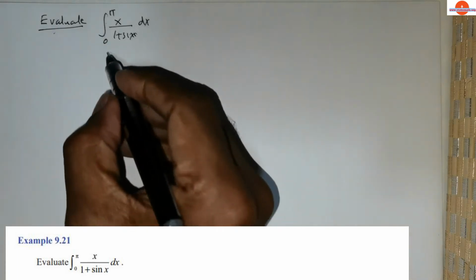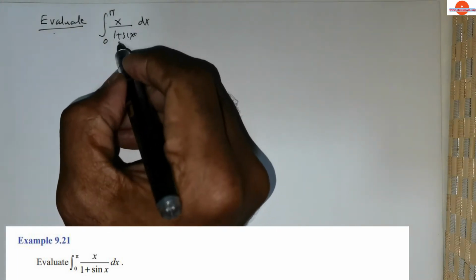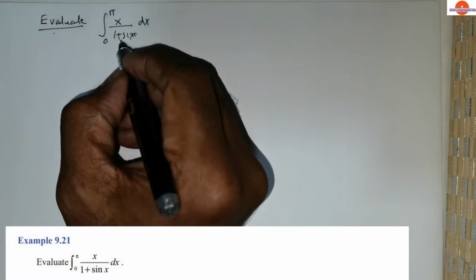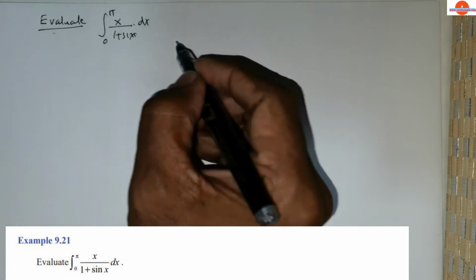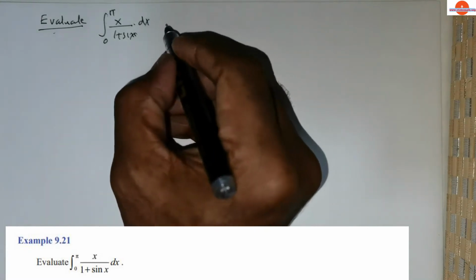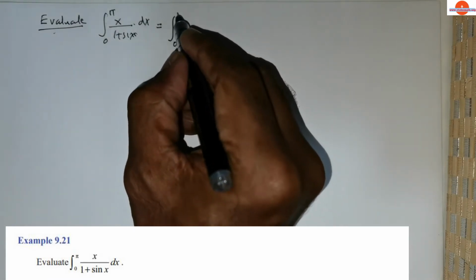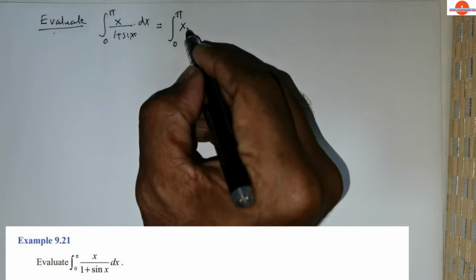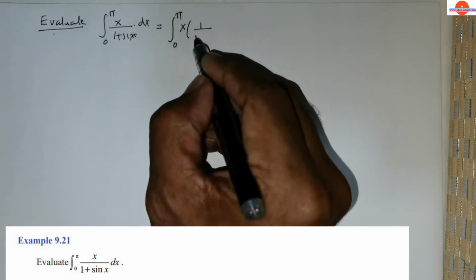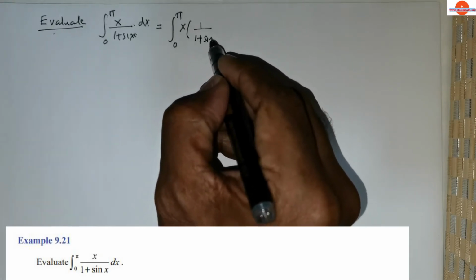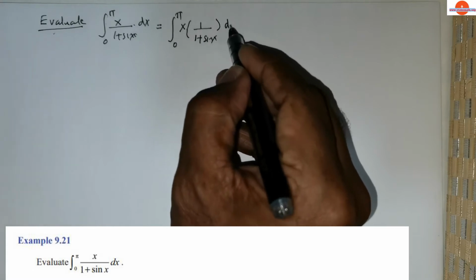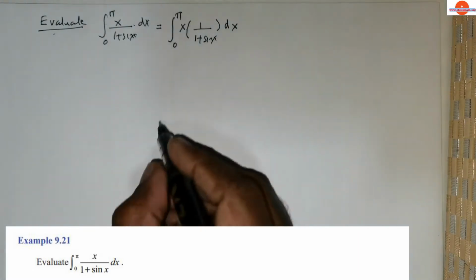Students, we are given this question, the integral from 0 to pi of x divided by 1 plus sine x times dx. Now, I would be rewriting this as the integral from 0 to pi of x times 1 over 1 plus sine x dx.